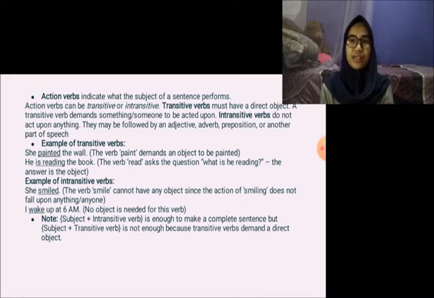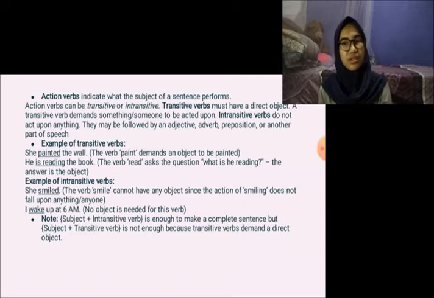So a transitive verb demands something or someone to be acted upon, while an intransitive verb doesn't act upon anything. They may be followed by an adjective or adverb or preposition or any other part of speech.